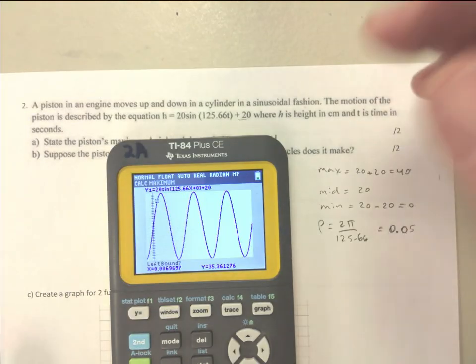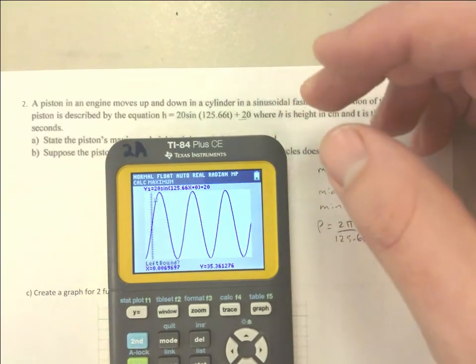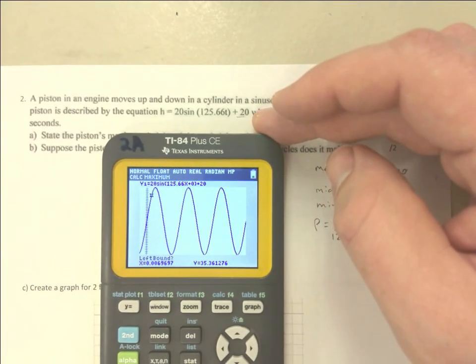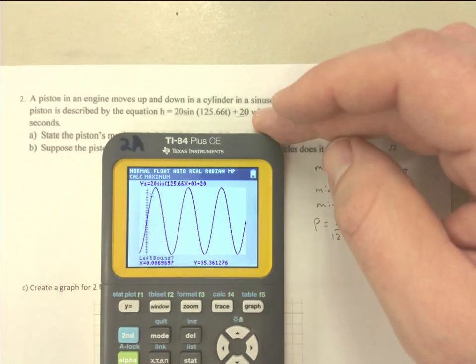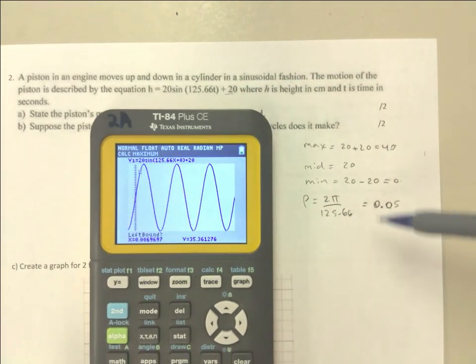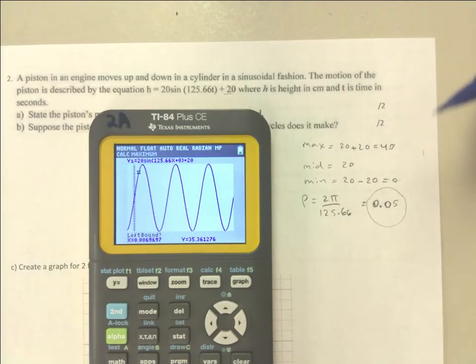So I think this is a technology problem. I think this calculator right now is getting, something is getting messed up by the period being this small. It can't handle it, okay?